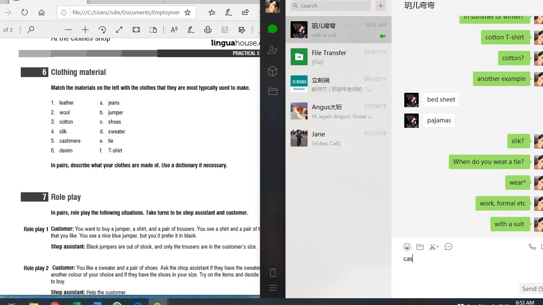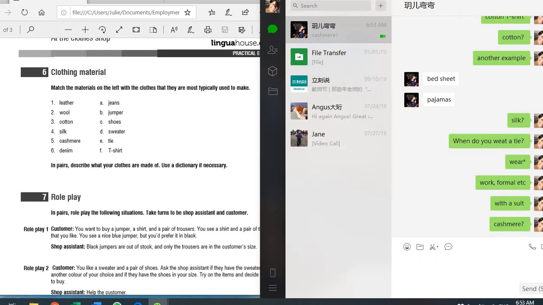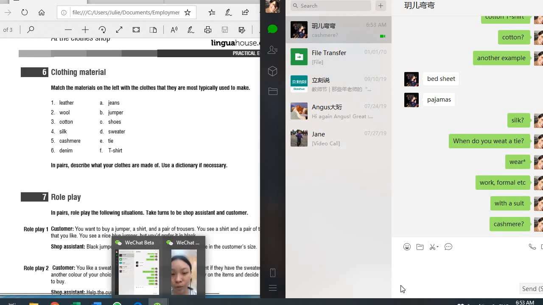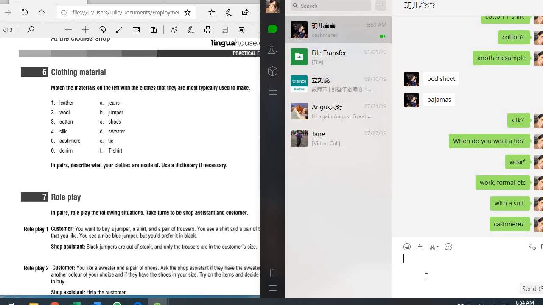Okay, good. Cashmere. What about cashmere? The cashmere. Or the jumper, it's like a wool.